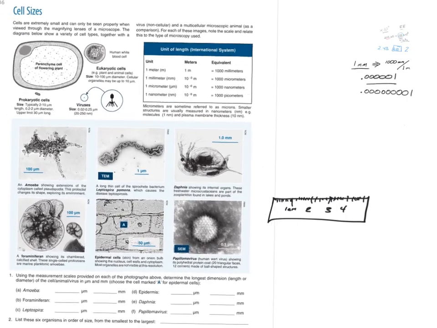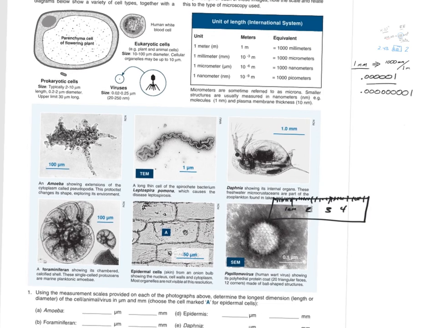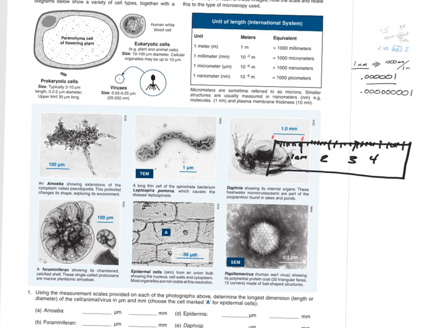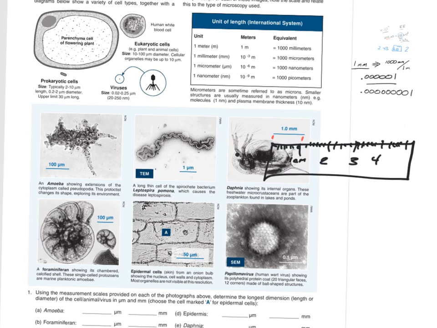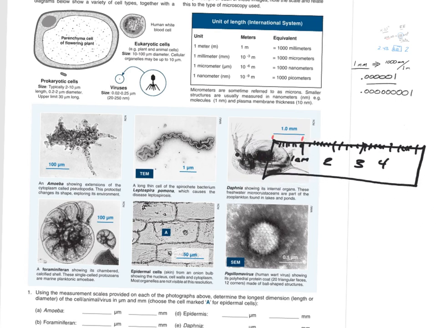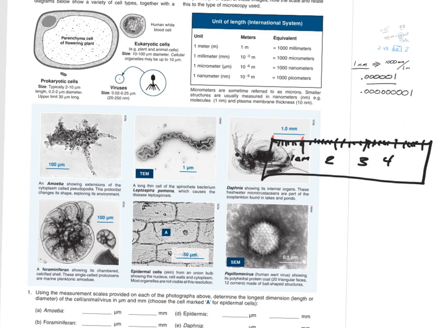What you're going to need to do is look at the scale. They give you something here. A distance from here to here is 1 millimeter. So I can take this and put it here and use this to measure it. Don't change the size, obviously. You're going to use a ruler. Whatever this distance is, 1 millimeter.